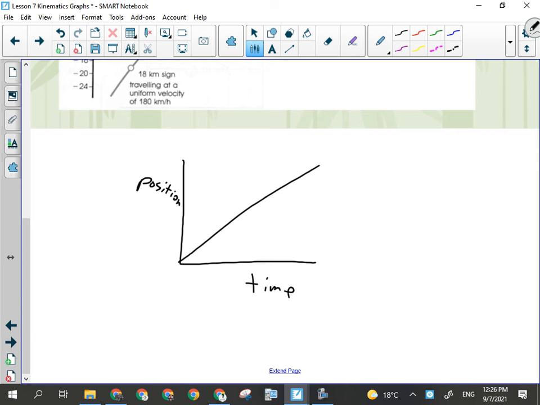Exactly. That means that the amount the position changes by every second is exactly the same. So if we say this thing is traveling at 180 kilometers per hour, that means every hour it will be 180 kilometers from the last point that it was recorded at. And that would happen continuously, which is why we get a diagonal line. Is that all right with everybody?